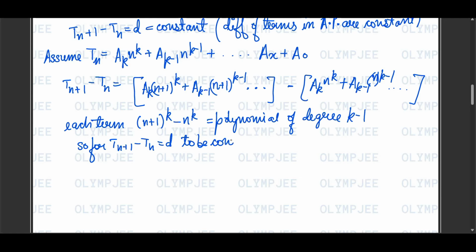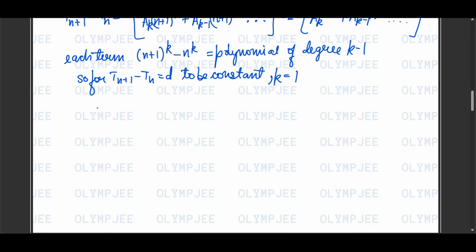So for d to be constant, k must be equal to 1. So this proves that Tn must be of the form an plus b, right?